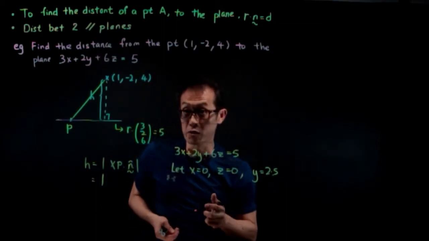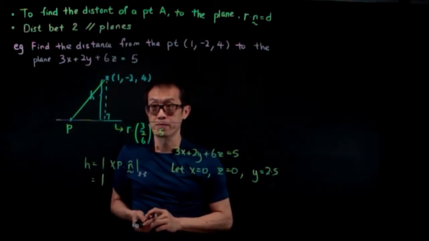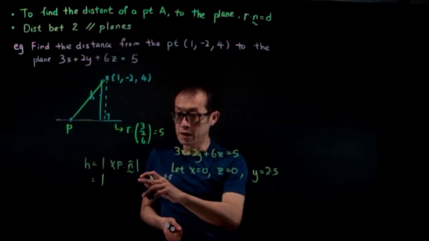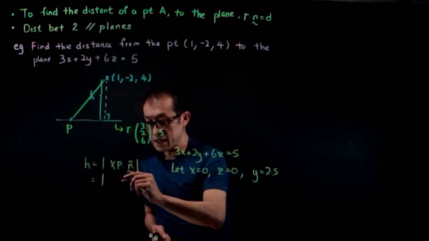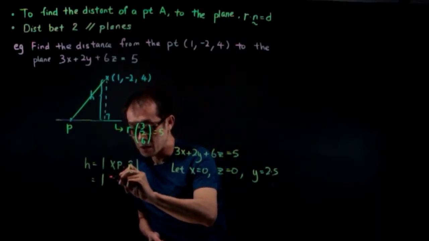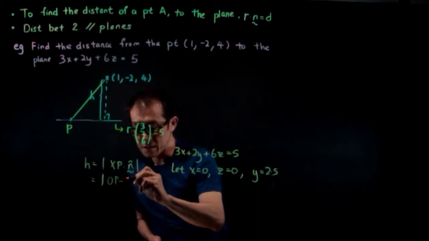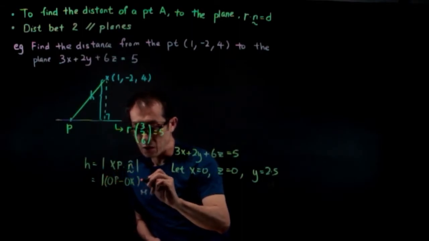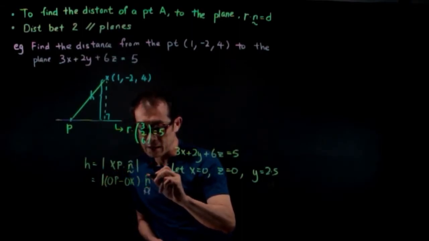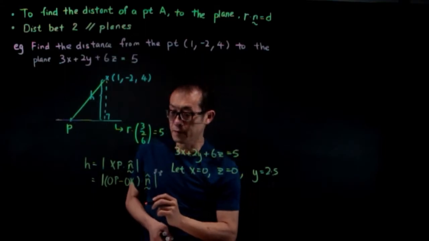Then y will be equal to 2.5. Right, now how to find XP? Now XP will be given as OP minus OX dot unit vector n.